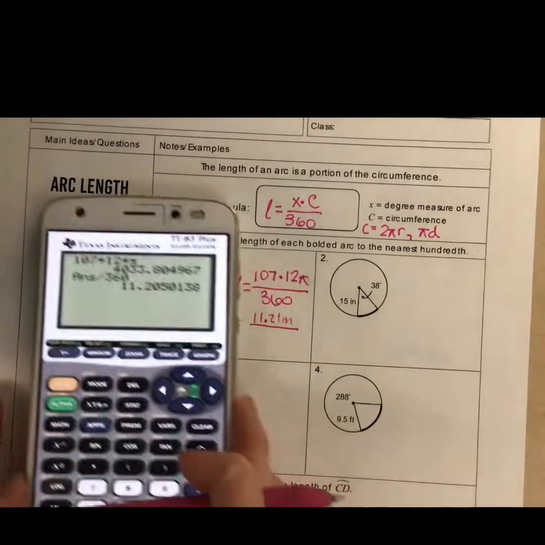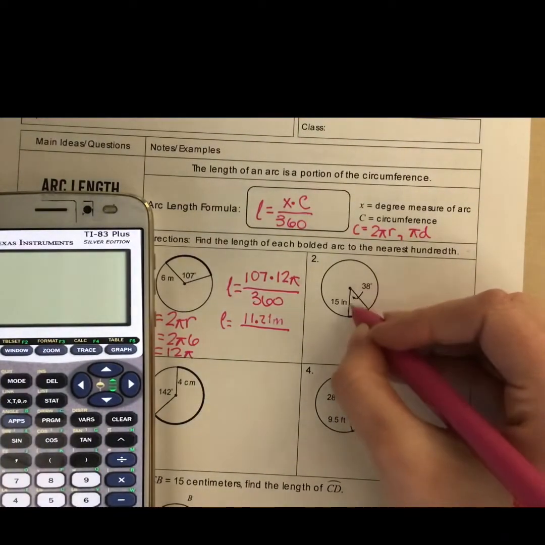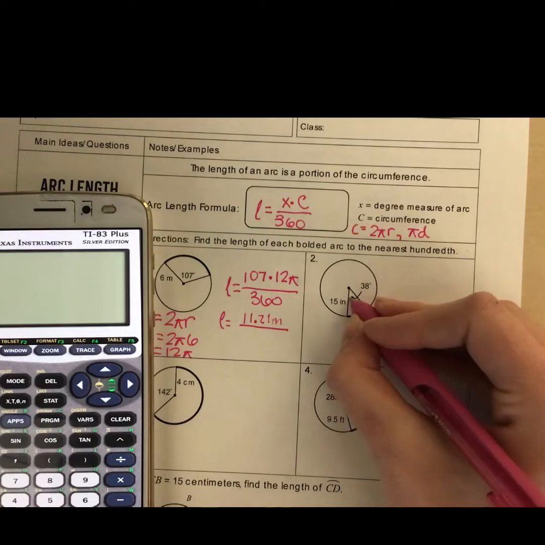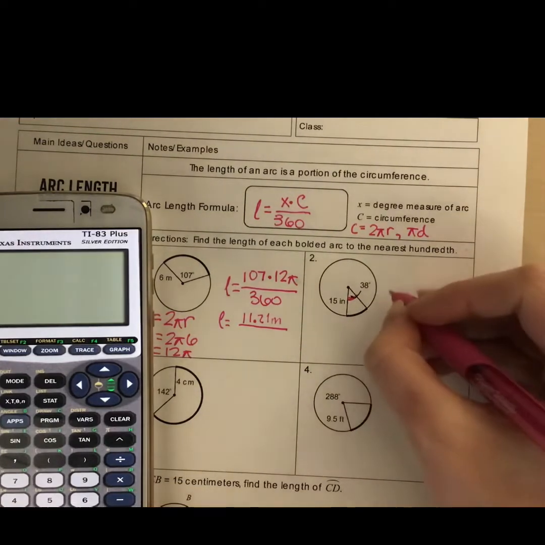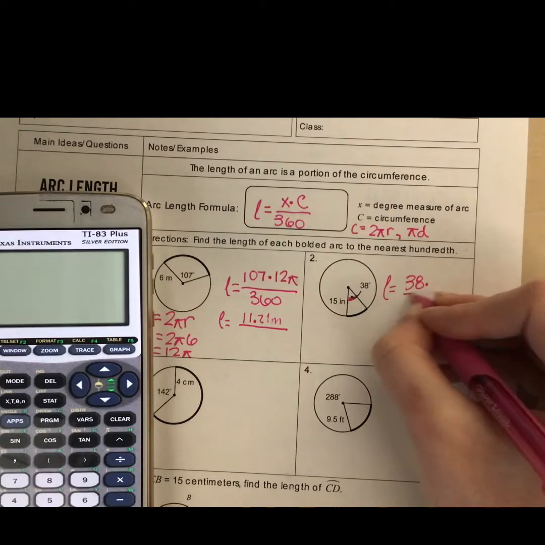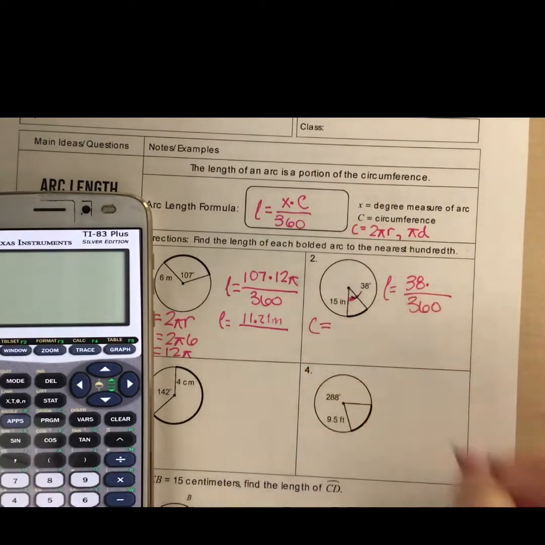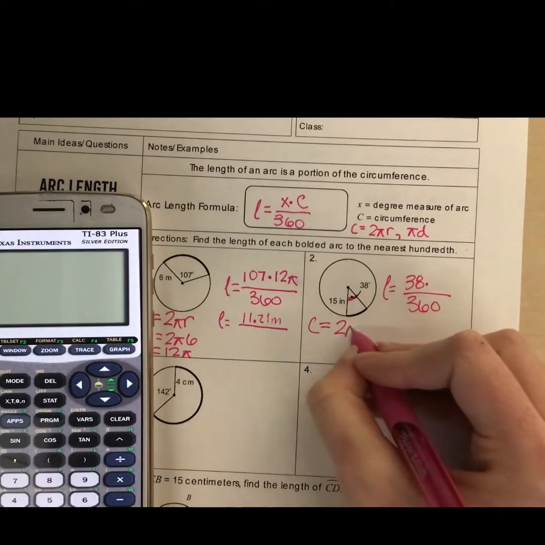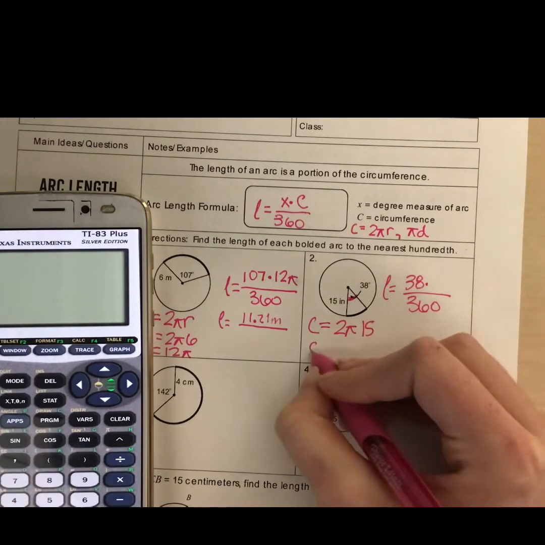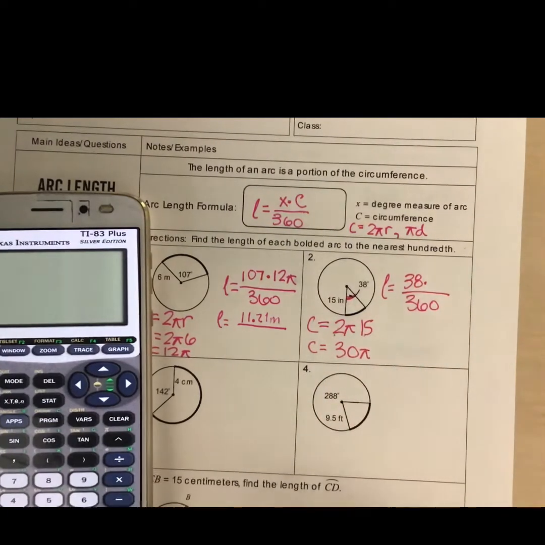All right, let's try this next one here now. We have a radius of 15 and a degree of 38. So our length equals 38 times our circumference divided by 360, and our circumference is going to be 2 pi 15, which is 30 pi when I take that 2 times 15.